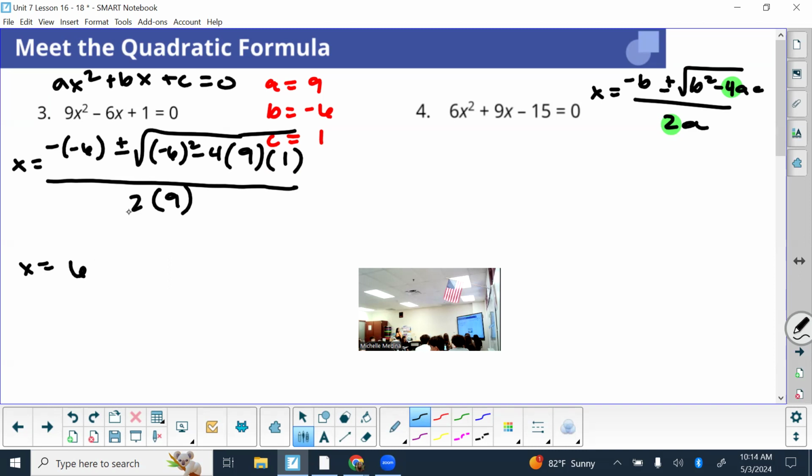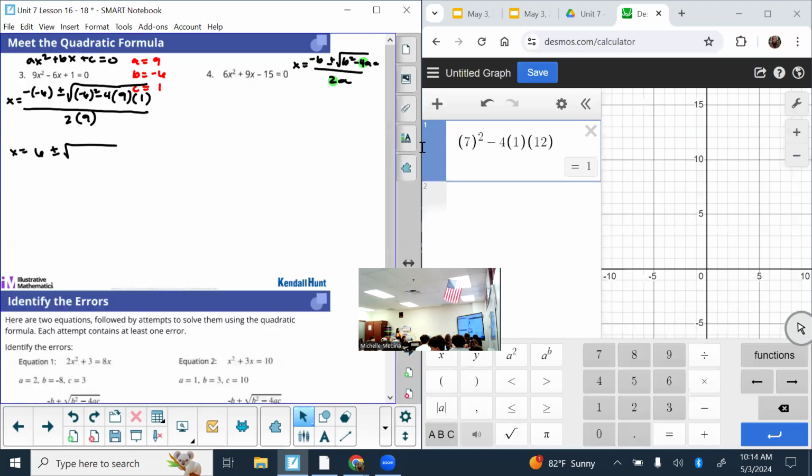So the double negative makes it positive. Under the square root symbol, I would put that in my calculator. Table 1, do you know what that's gonna be? Like, for number 3, what's under the square root symbol? Can you do it real quick? I'm gonna do it too, but I'm gonna stop before I put my last.